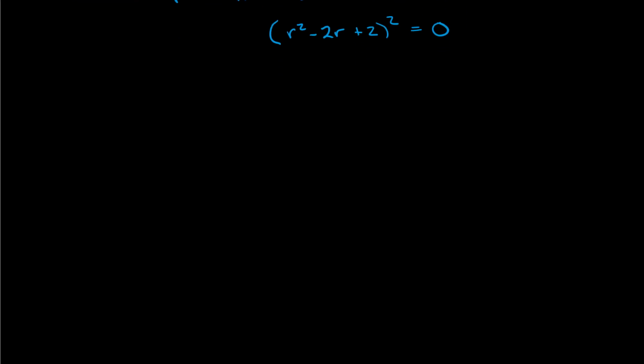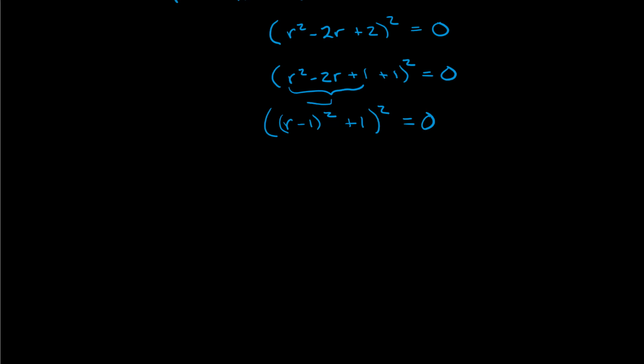Well, we can rewrite this, getting a little bit sneaky on our algebra, as (r squared minus 2r plus 1 plus 1) squared equals 0. All I did was I took the 2 and I broke it up into 1 plus 1. This then allows us to rewrite this as ((r minus 1) squared plus 1) squared equals 0, where this piece here is (r minus 1) squared.